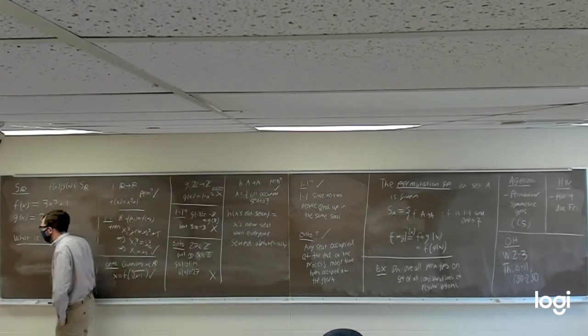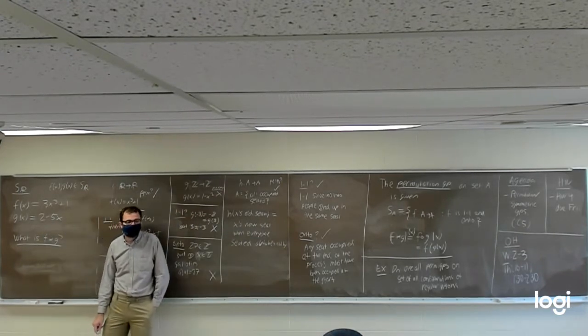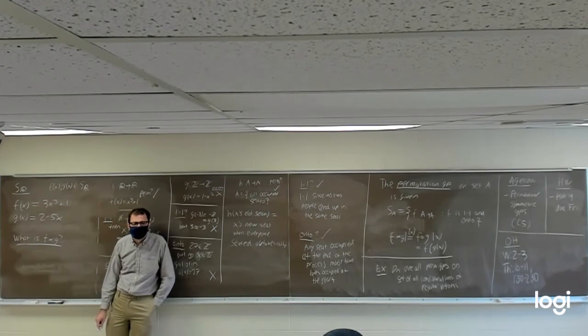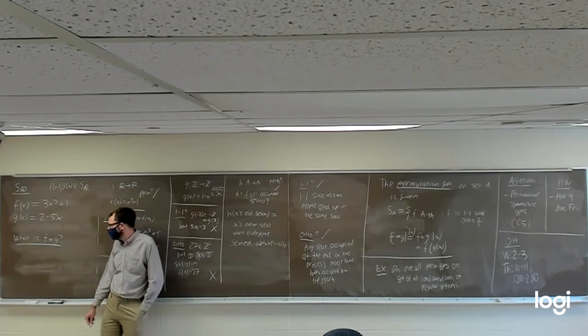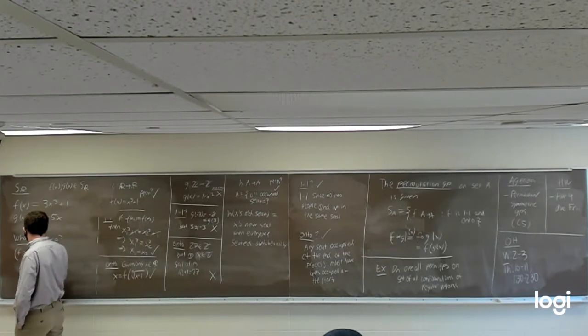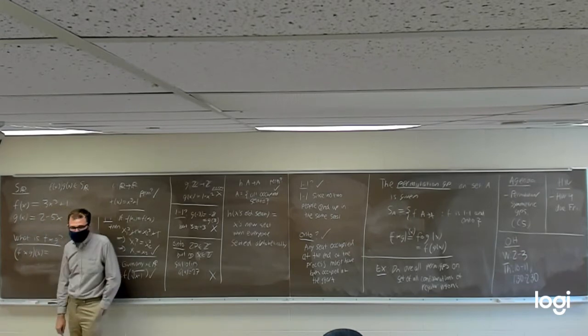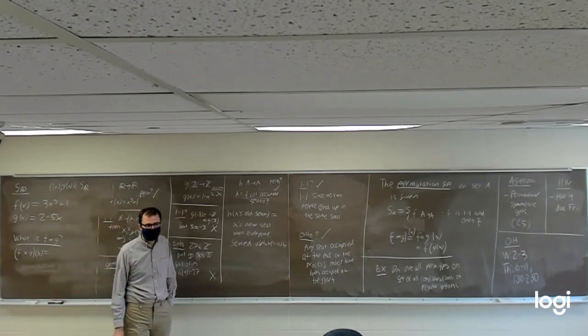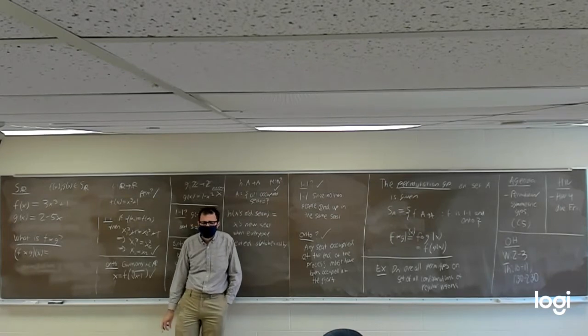What would we get if we took f star g here? We would get another function from the reals to the reals. And what would that do to a value x? You do not need to simplify your answer.